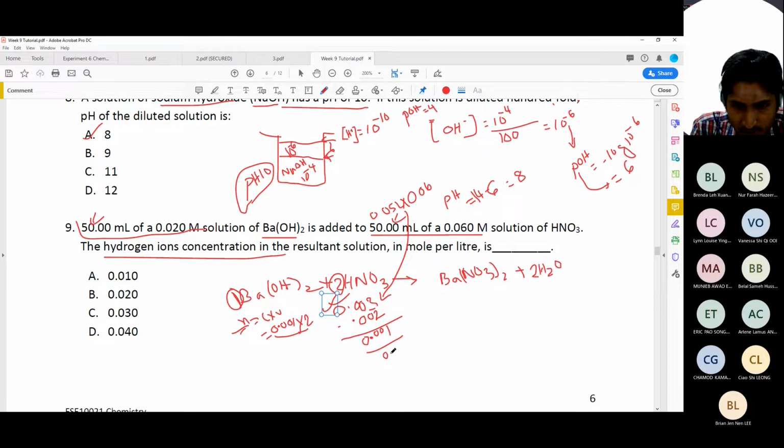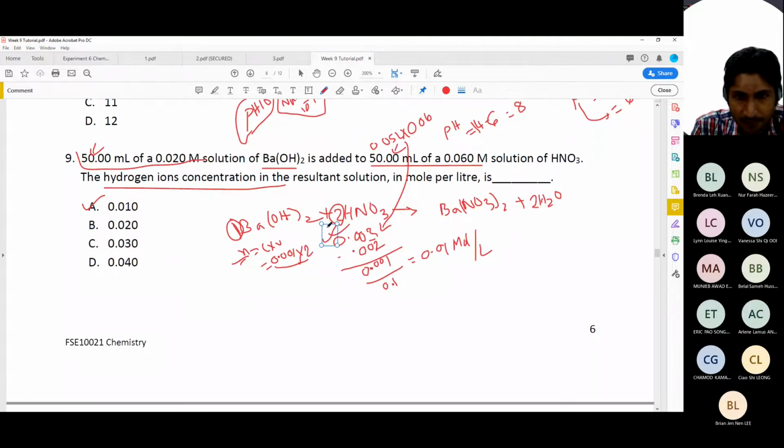So divide by 0.1, and 0.001 by 0.1 gives us 0.01. This is the concentration, molar or moles per liter. Is that okay now? Anybody has any question?